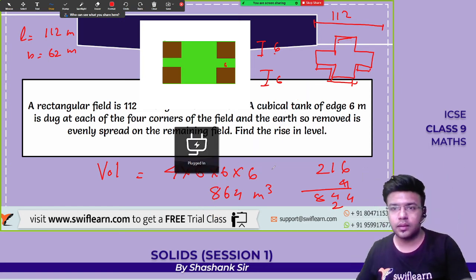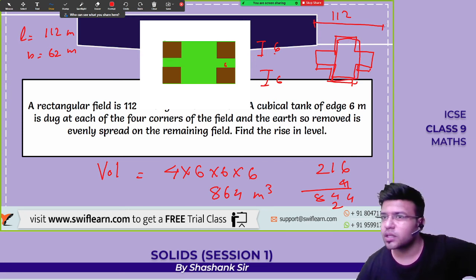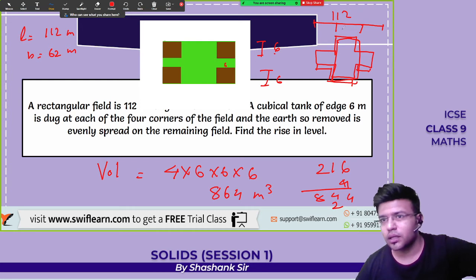This rectangular area is 62. The total is 112. 112 minus 6 minus 6 is 100. So this length is 100.